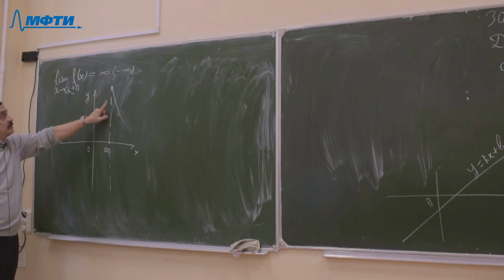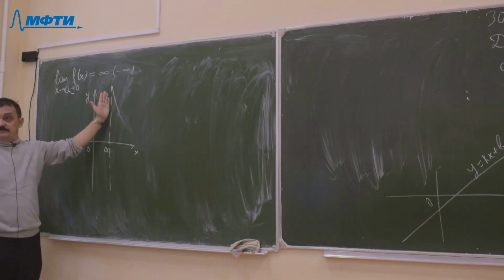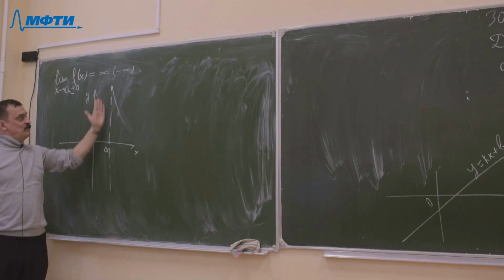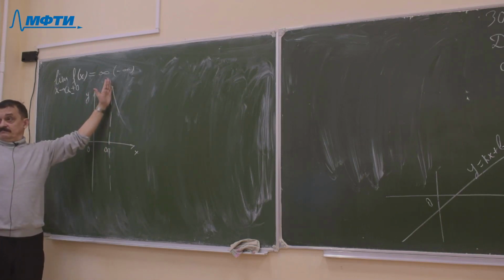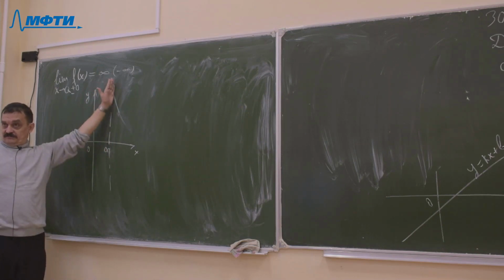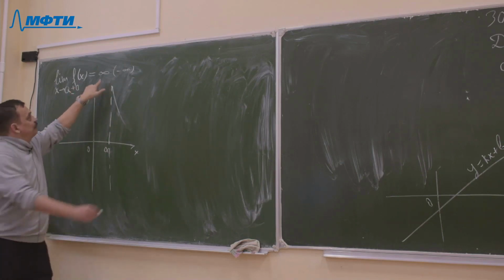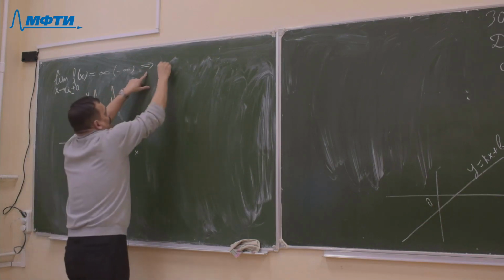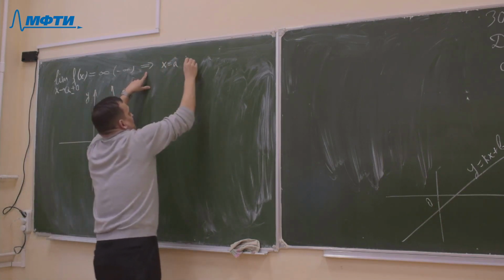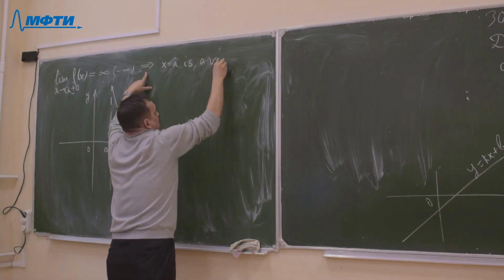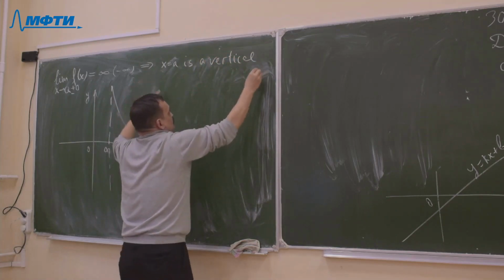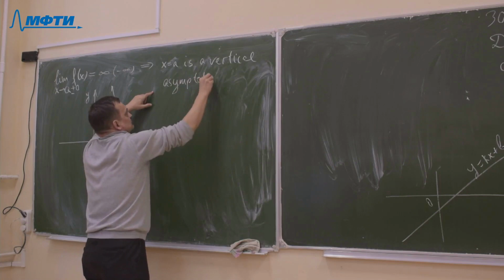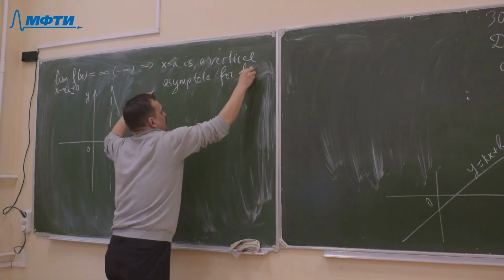Once again, this is a case similar to before: the graph approaches a line, but now this is the vertical line. So if this happens, then x equals a is a vertical asymptote for f of x.